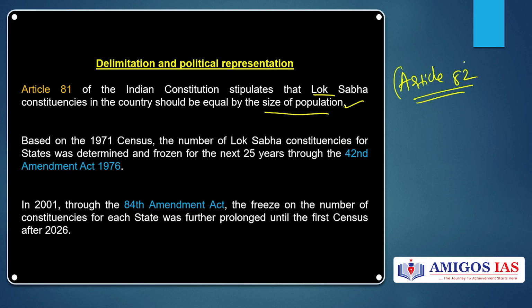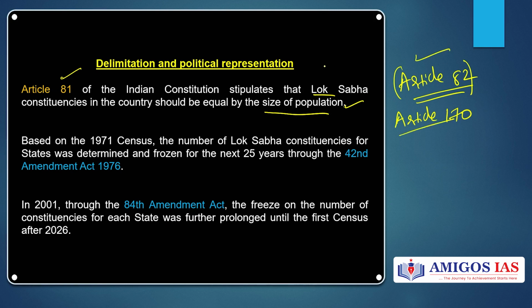It has been mentioned in Article 82 for the case of Lok Sabha. And for the states, there is one more article, Article 170. Both these articles talk about delimitation. Article 81 talks about the distribution of seats in Lok Sabha as per population, but the delimitation articles are 82 and 170.